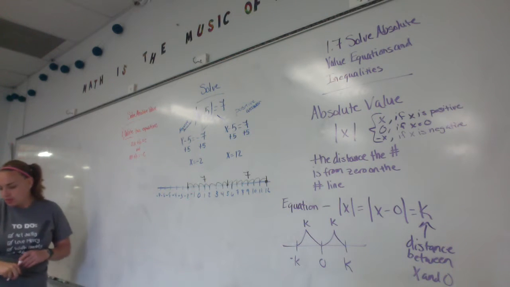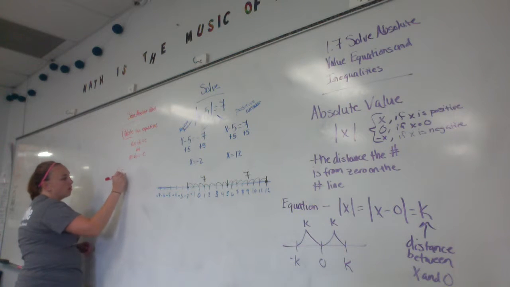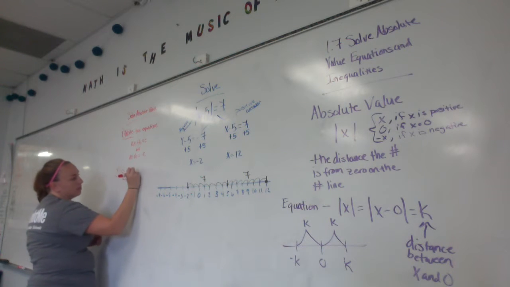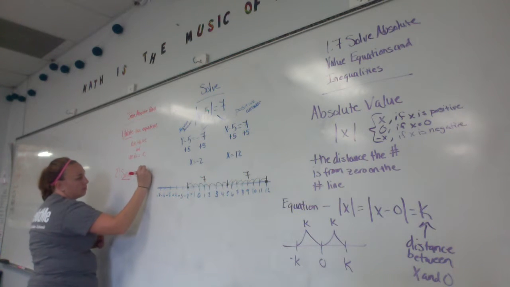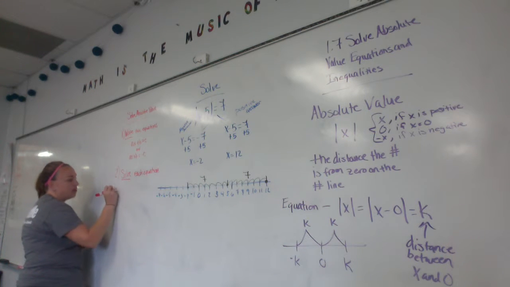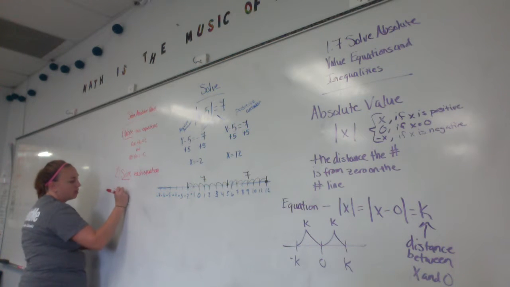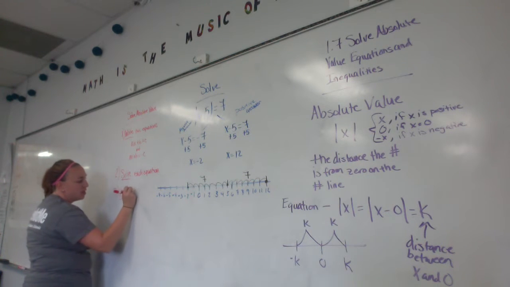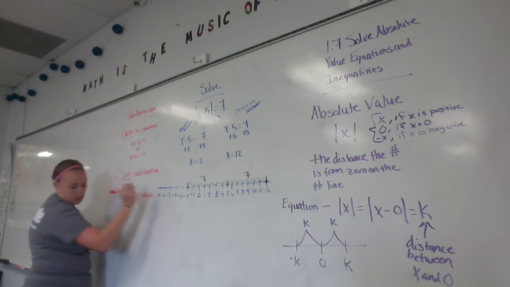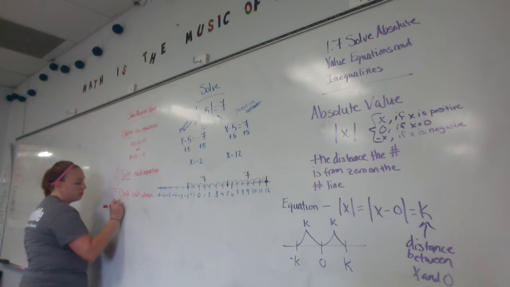So you write 2 equations. That's always step 1. Step 2 is solve each equation. Step 3 is check. Check each solution in the original absolute value equation.